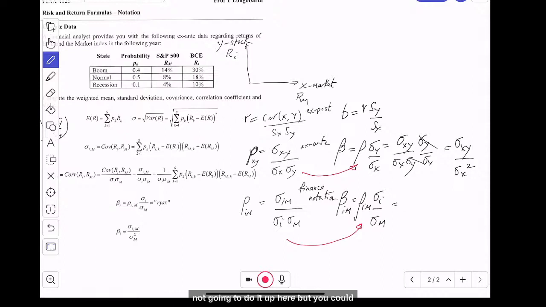I'm not going to do it up here, but you could do it for the ex post scenario as well. This is going to be plugging this in, sigma Im. Again, these cancel, so it's the covariance per unit of variance in the market returns.